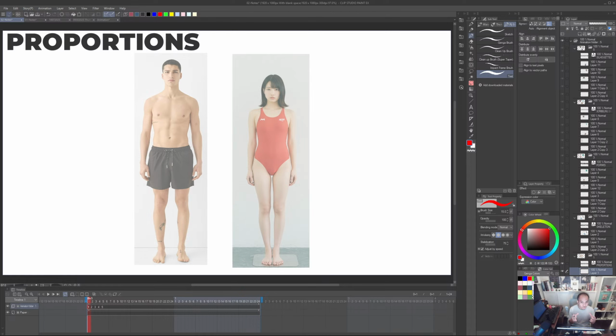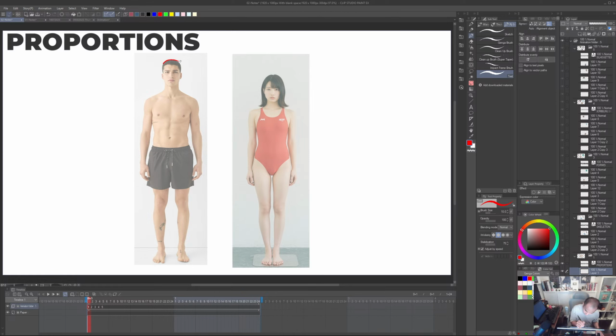I want to focus first on proportions, which can be quite a topic in and of itself. The very first thing to remember is that the way we measure height and proportion is through head count, right?